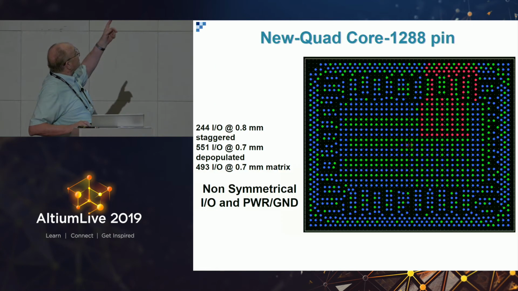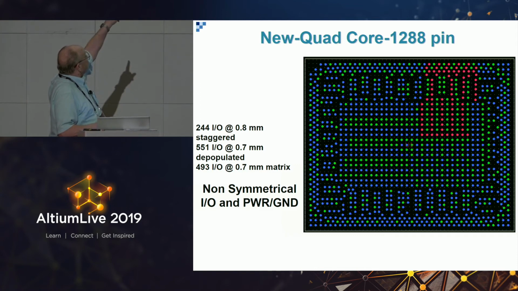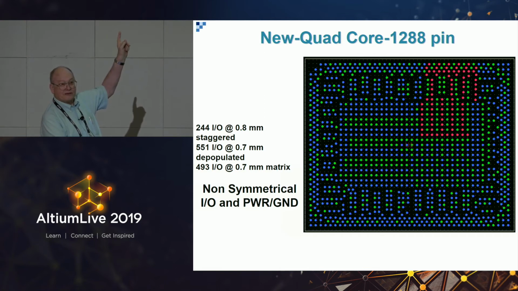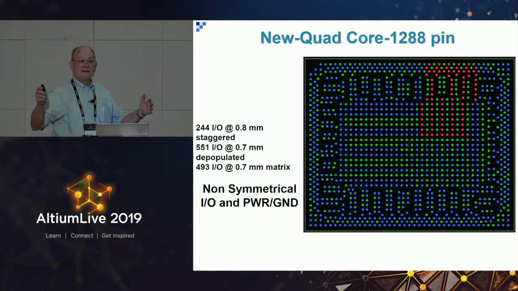Like, this is one of the latest Intel, 1288 pins. It's non-symmetrical and has multiple grids on the same package. And the color up there: green is ground, blue is signal, and red is power. So you notice it's not symmetrical at all.